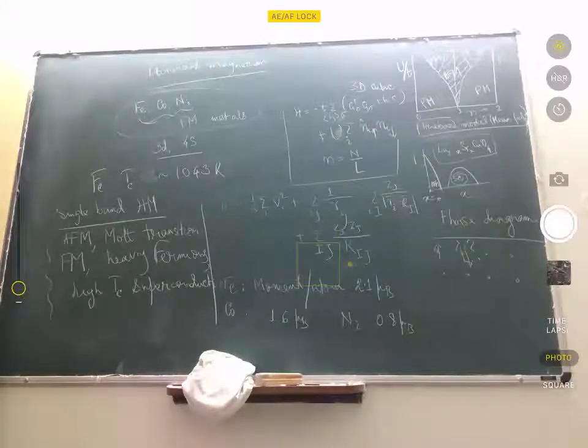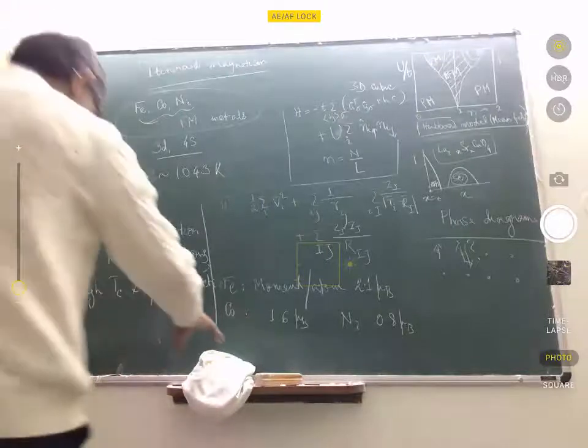Okay, so that's what we'll get into now, and we'll discuss what is called the Stoner theory of ferromagnetism for band magnets. And this will be in contrast to the magnetism we have been discussing so far.